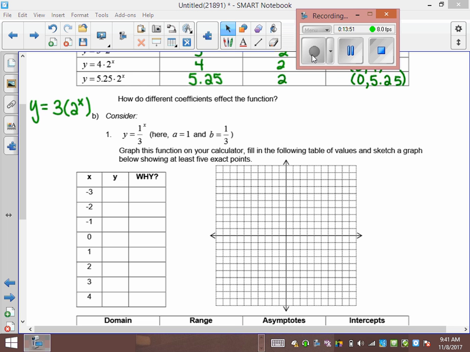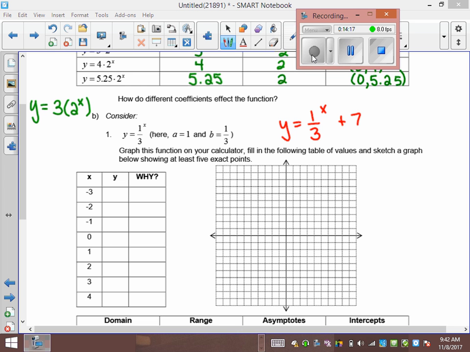It would have to have, like, y equals 1/3 to the x plus 7, let's say. Then what would be my asymptote? It'd be at y equals 7, because it moved 7 up, right? And my range would be y is greater than 7.